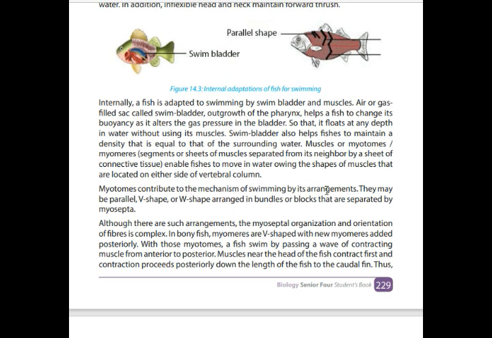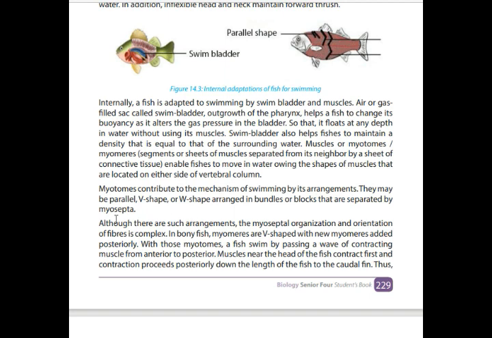I think you have seen the caudal fins, which are these ones. So the muscles contract from here at the head, following the structure of the fish, until the caudal fins.